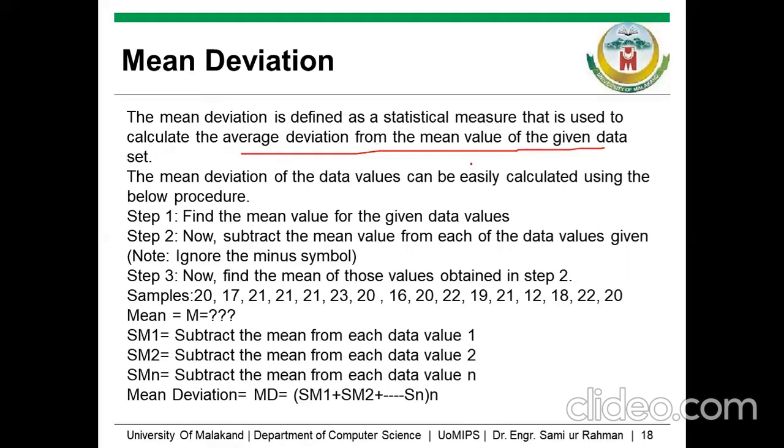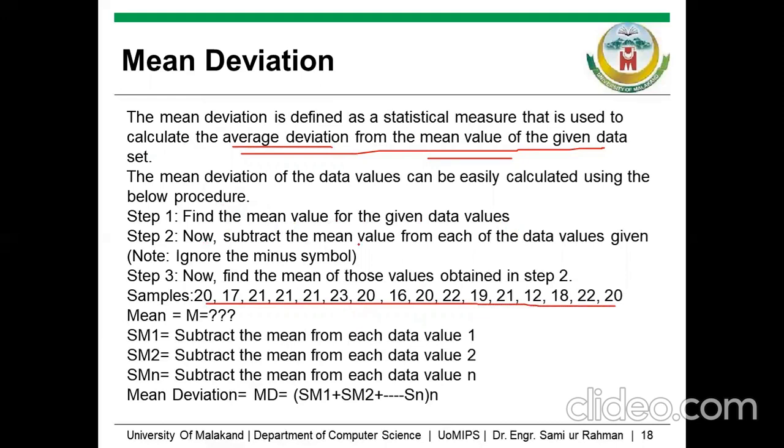So we will be having the mean value, and then the average deviation. The mean deviation of the data values can be easily calculated using the below procedure. Find the mean value of the given data set. Let's say we have these data sets and we will calculate the mean of these values.